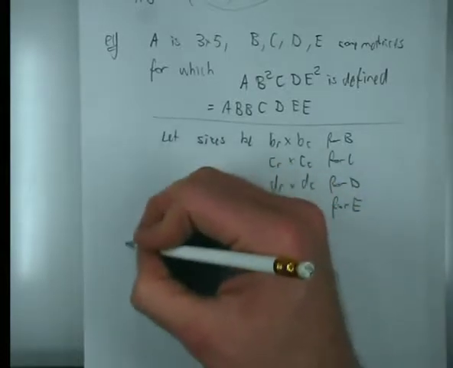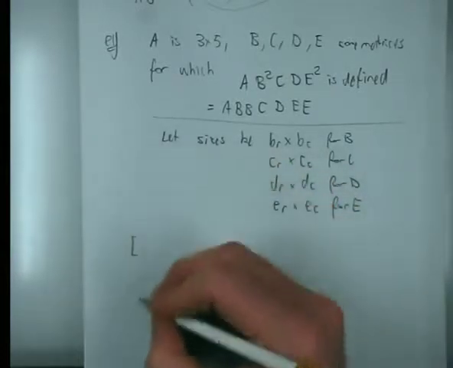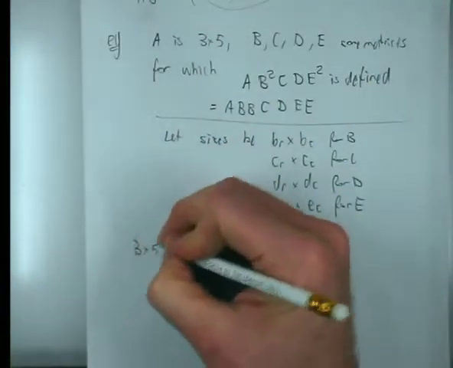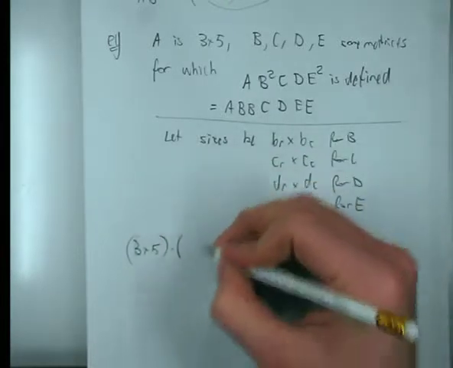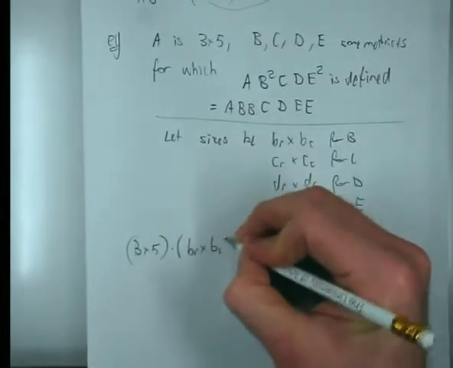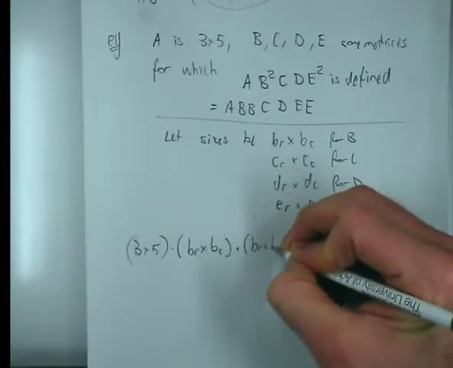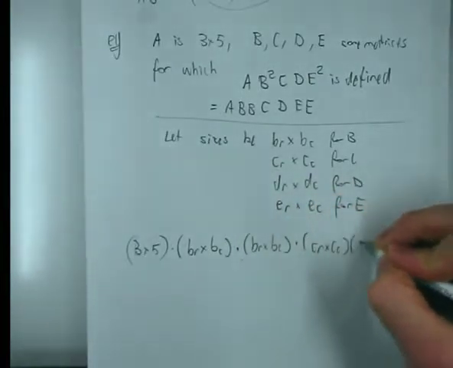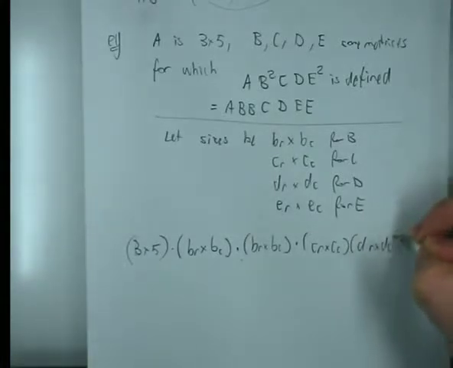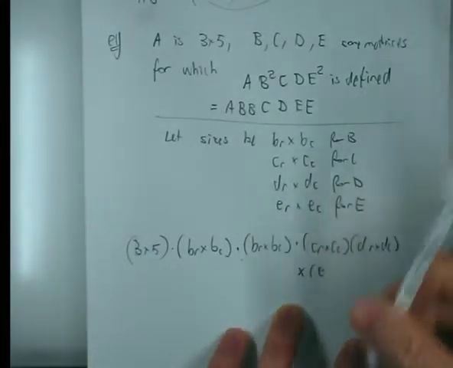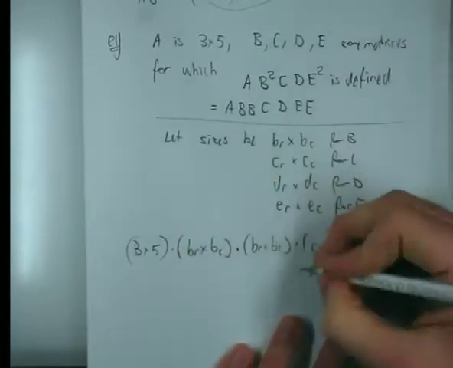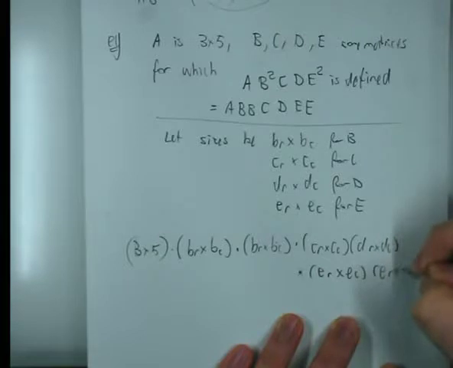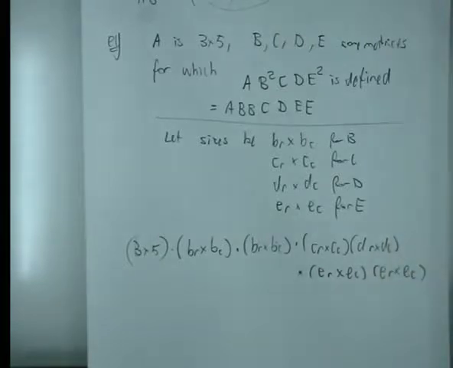So we've got 3 times 5 times BR times BC. So we can do that.